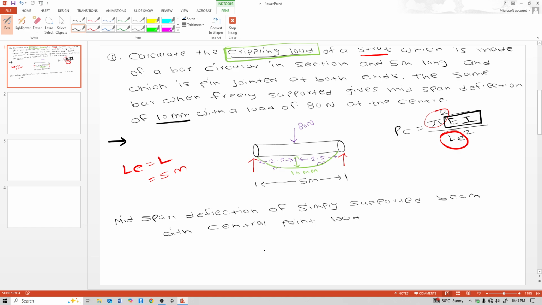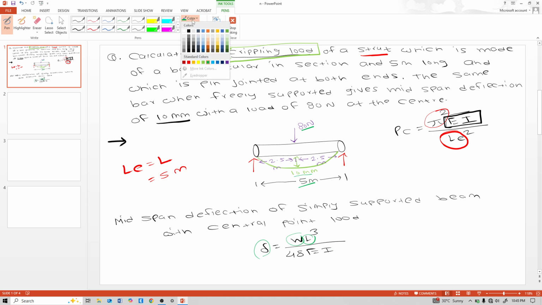So this deflection formula is load into length cube divided by 48 into modulus of elasticity into moment of inertia. We have this W, 80 Newton, we have this L, 5 meter, and we have this delta, 10 mm. So by using that we will find this EI, and this EI we will put in this PC equation. So by that way we will get this PC.